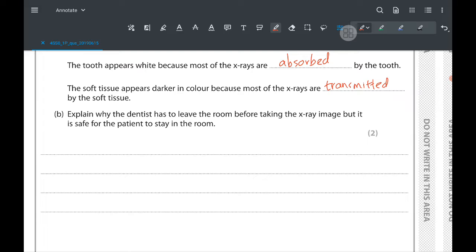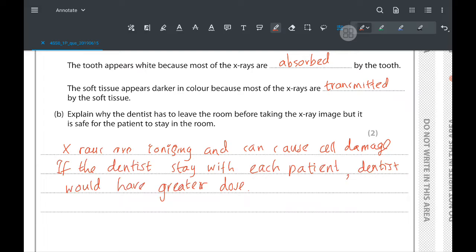So let's write: X-rays are ionizing and can cause cell damage. And we can say if the dentist stays with each patient, the dentist would have a greater dose.